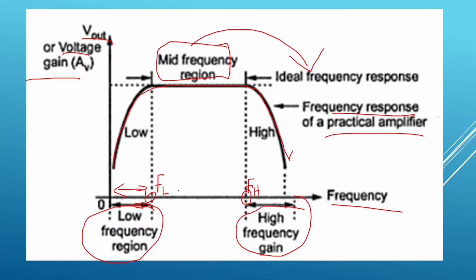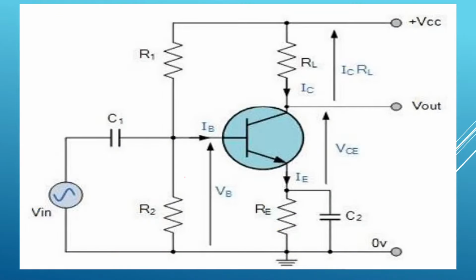At low frequencies, that is frequency less than FL, the reactance of the coupling capacitor C2, which is connected across the resistor RE, is relatively high. Hence, very small part of the signal will pass through the amplifier stage to the load. Means very small signal will flow from the amplifier to the load. Where is our load? This is our load.